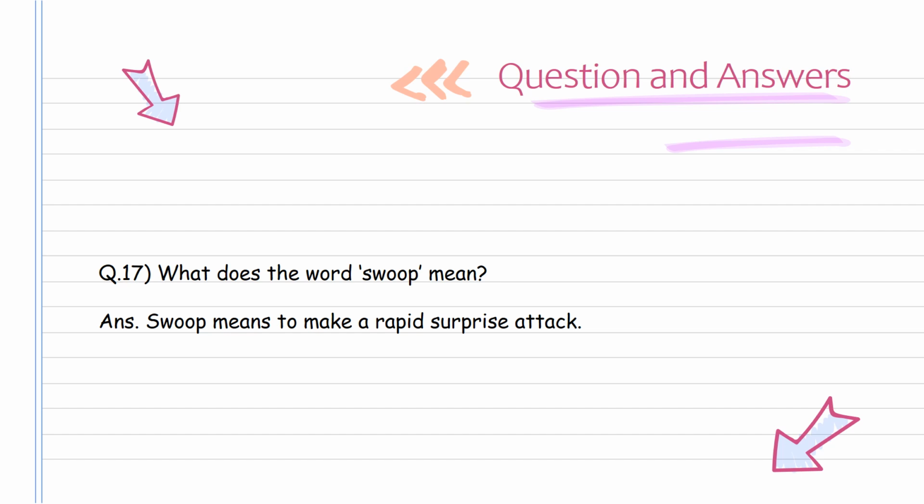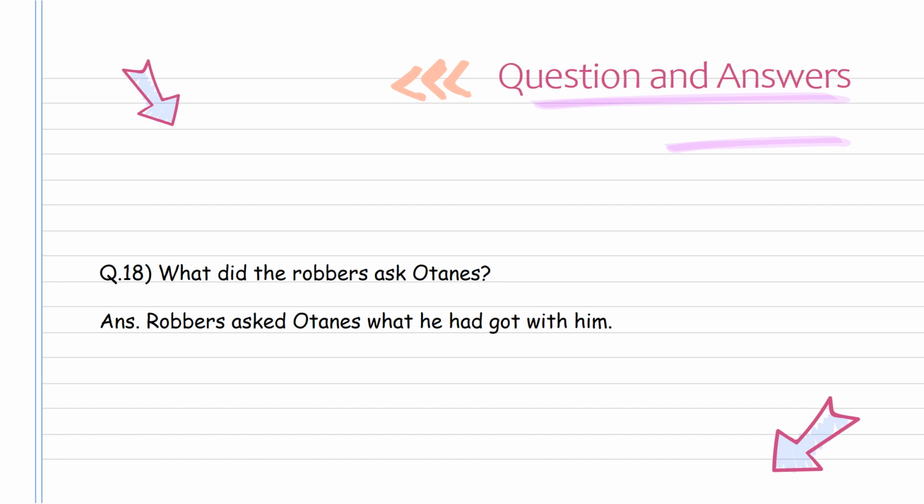What does the word swoop mean? Swoop means to make a rapid and surprise attack. Question 18. What did the robbers ask Otanes? Robbers asked Otanes what he had got with him.